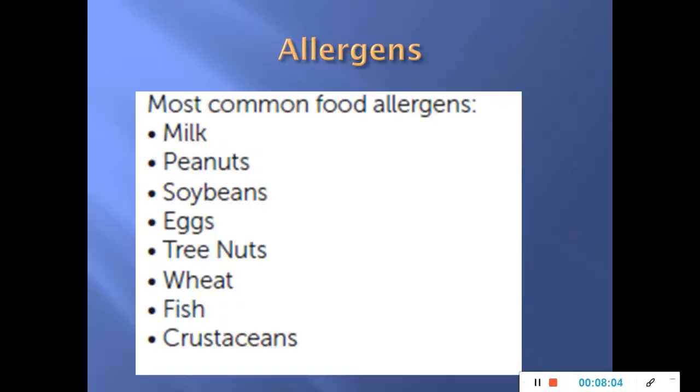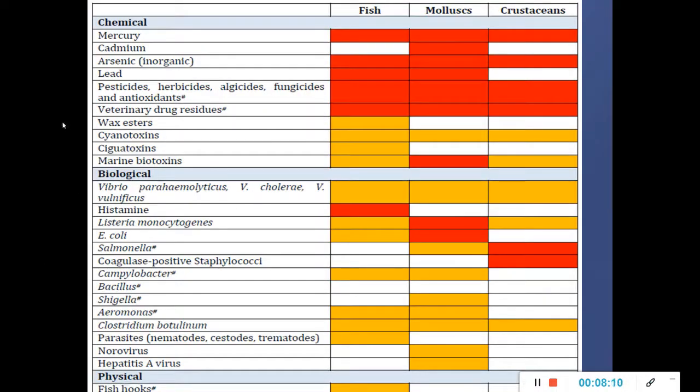And the allergens, we have already mentioned this earlier. I hope you are clear with the chemical hazards right now. Let me just conclude here with some chemical hazards. You can have mercury, sometimes cadmium can come, arsenic can come, these are all heavy metals, lead. Then you have pesticides, herbicides, algicides, fungicides and antioxidants also.